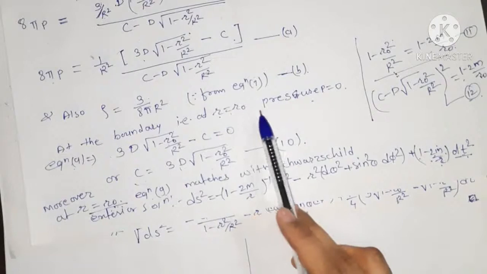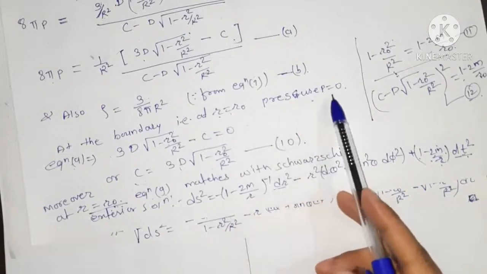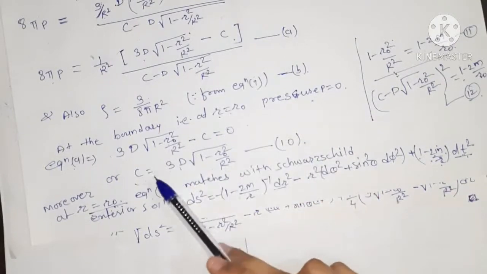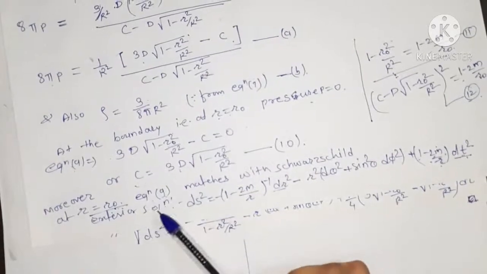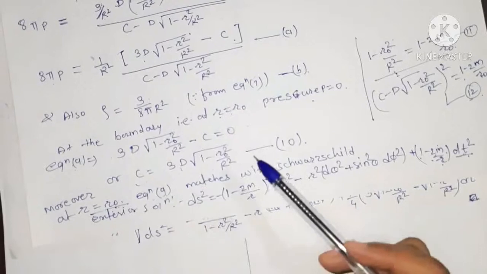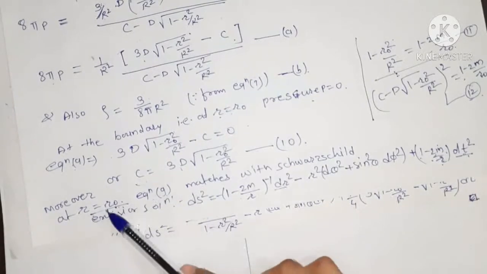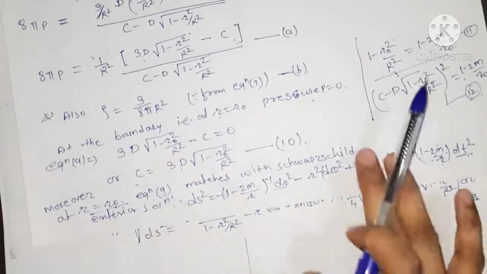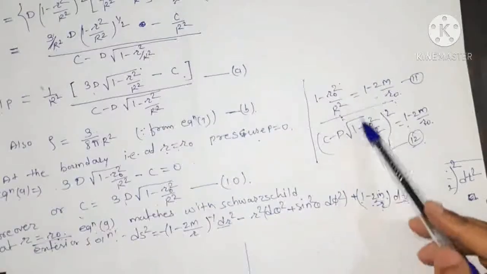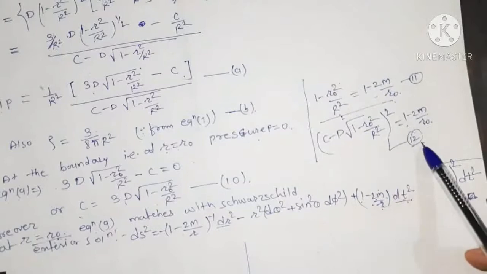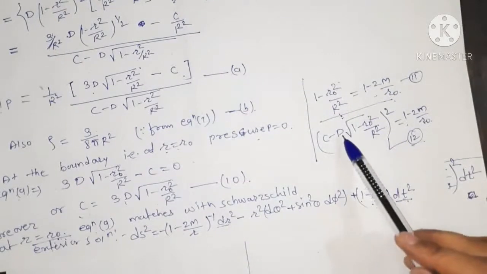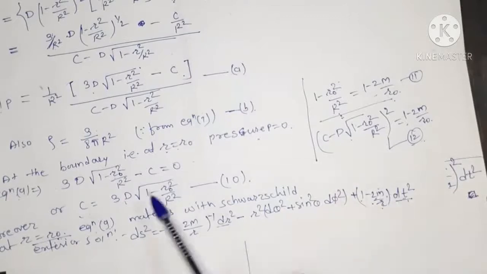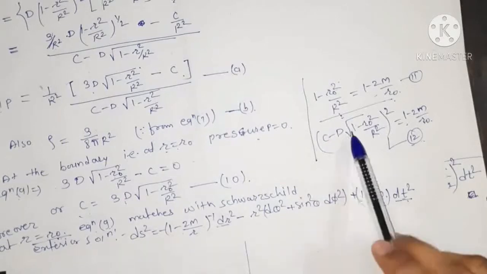We substitute these values where P is equal to 0 to get the boundary condition, and for that we also compare the Schwarzschild exterior solution, which matches with the interior solution at the boundary, that is at r equals to r0. And by comparing those equations we get these two equations, equation 11 and equation 12, that we used to find the values of C and D by substituting this value of C in this equation.